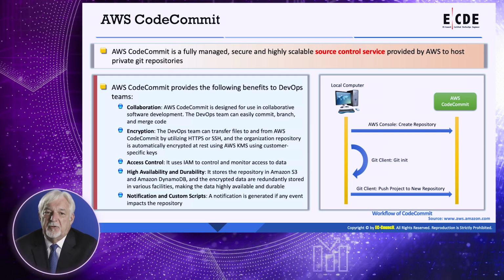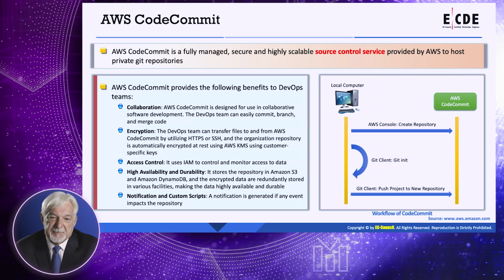So AWS Code Commit is a fully managed, secure, and highly scalable source control service provided by AWS to host private Git repositories. Code Commit provides the following benefits to DevOps teams. It gives collaboration. AWS Code Commit is designed for use in collaborative software development. The DevOps team can easily commit, branch, and merge code.